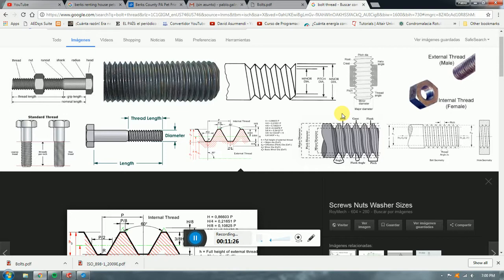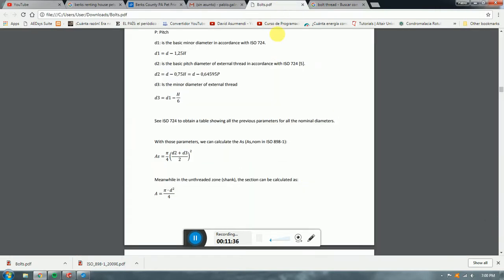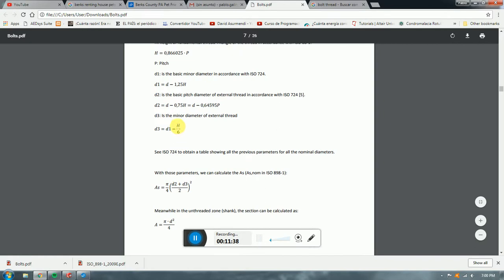That problem you can pretty much cover with the safety factor or the load factor, and you can still be safe. So that's the reason: it's designed to break on the thread. Basically, the weakest part of the bolt is going to be the thread.